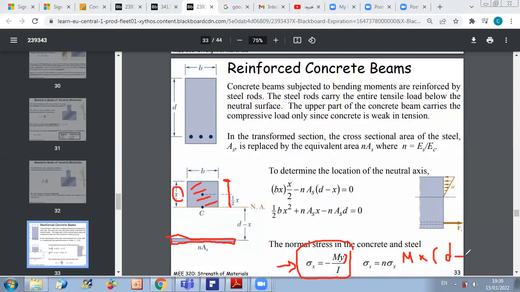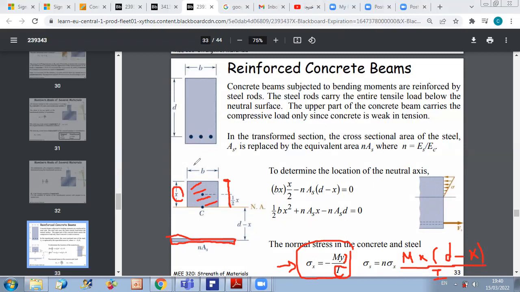So it's nM(d minus x) over I. Of course, the cross-sectional area of your modified section will allow you to calculate the value of I. So keep in mind that I is the inertia about the neutral axis of the modified section.